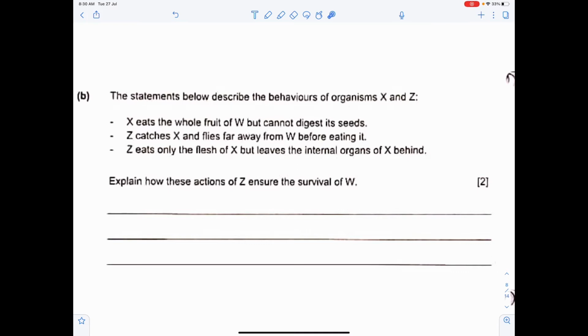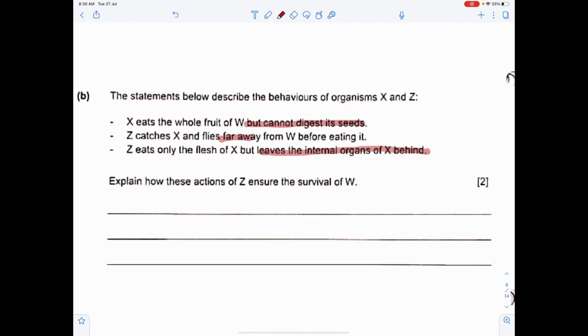X eats the whole fruit of W but cannot digest the seeds. Then Z catches X and flies far away from W before eating it. Z eats only the flesh of X but leaves the internal organ behind.